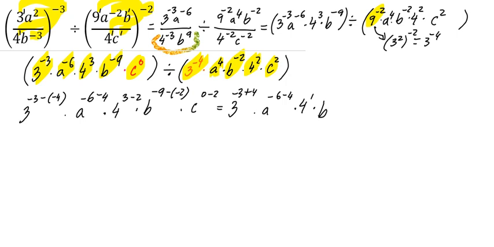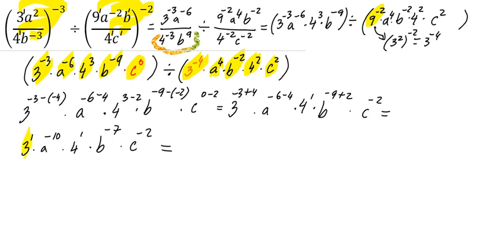Next we have b to the negative 9 minus minus 2, that's negative 9 plus 2. And then we have c to the negative second. Let's simplify some more. So that's going to equal 3 to the power of negative 3 plus 4 is just 1. So 3 to the first times a to the negative 6 minus 4, that's negative 10. A to the negative 10 times 4 to the first times b to the power of negative 9 plus 2 is negative 7. And finally c to the negative second.